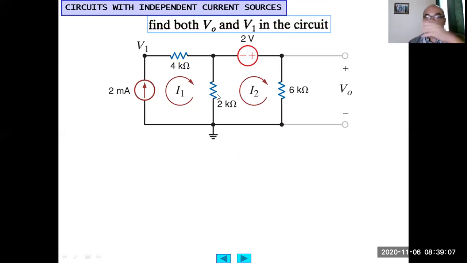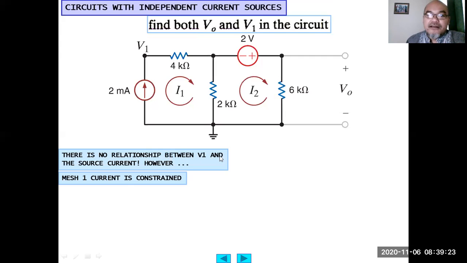Since we don't know the internal resistance of the current source, normally an ideal current source will have a 0 ohm internal resistance, so we don't really know what V1 is. There is no relationship between V1 and the source current, however. So the mesh 1 current is constrained.